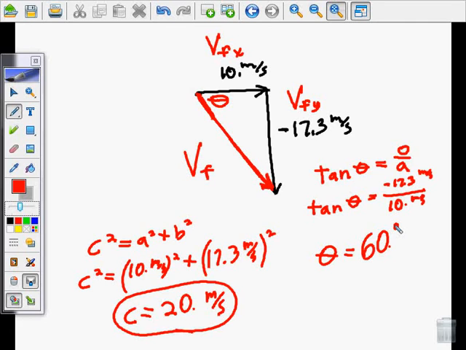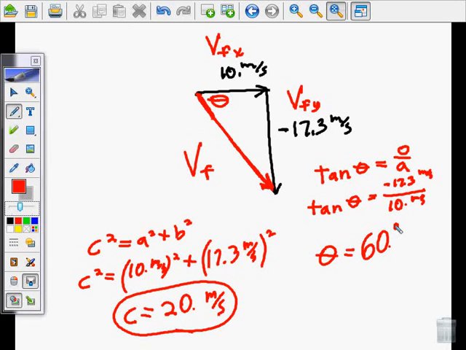So it's 60 degrees below the horizontal. You could just say 60 degrees below the horizontal, or you could say 300 degrees, or you could say 60 degrees clockwise from the positive x-axis.